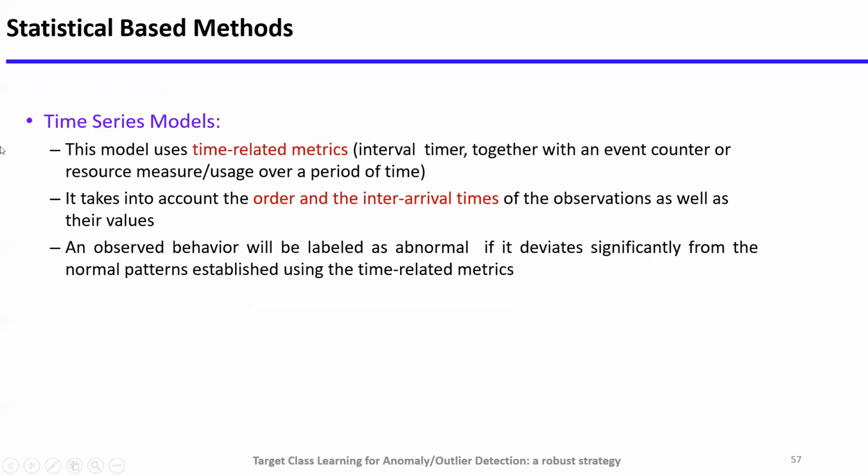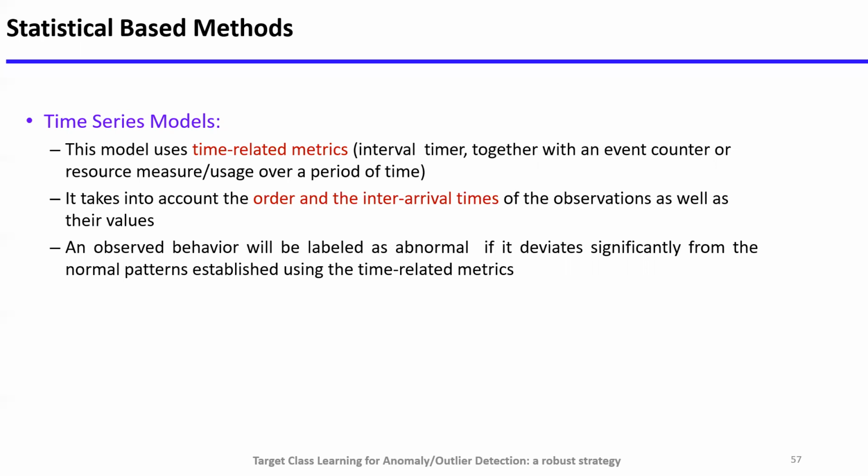The third category of statistical based methods is time series models. This model uses time related metrics, for example interval timers or event counters or some kind of period of time representation. Here the ordering is also important, as are the inter-arrival times of the observations and their values.